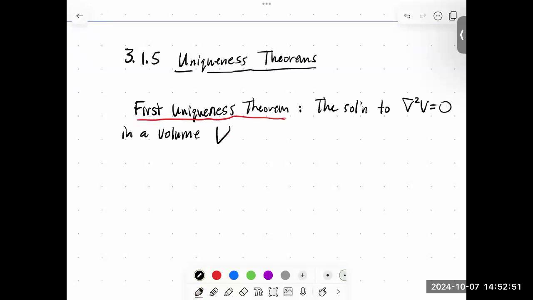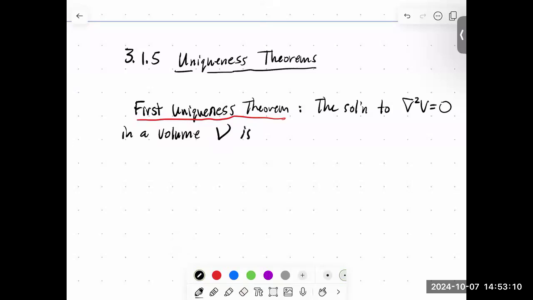I have to be careful here. I'm trying to write like a script kind of V. So our volumes are going to be the script V, and it's not to be confused with this regular capital V, which is potential.